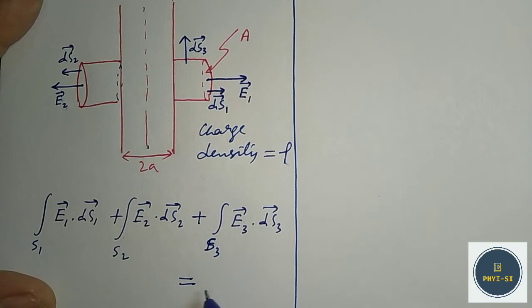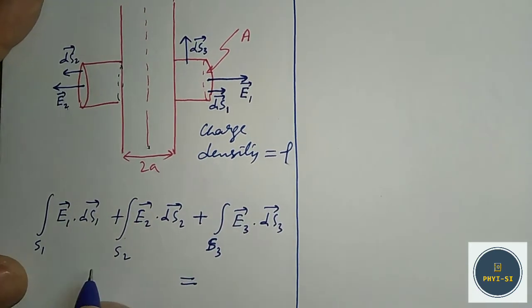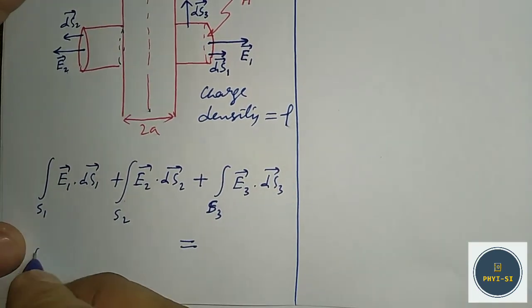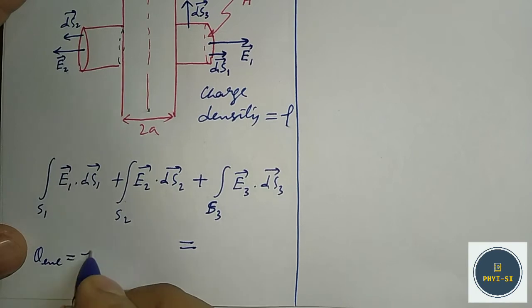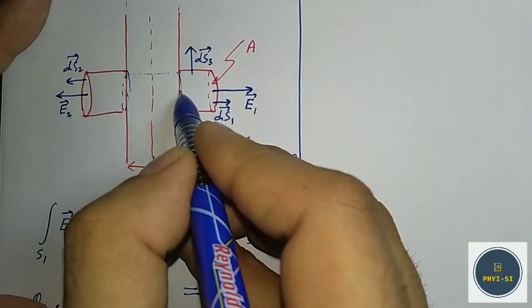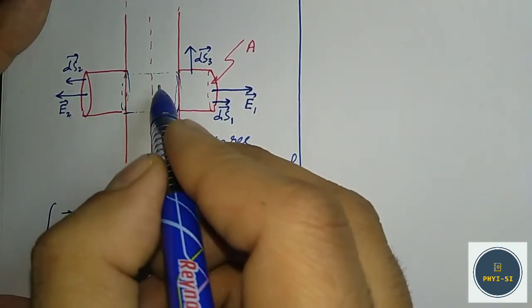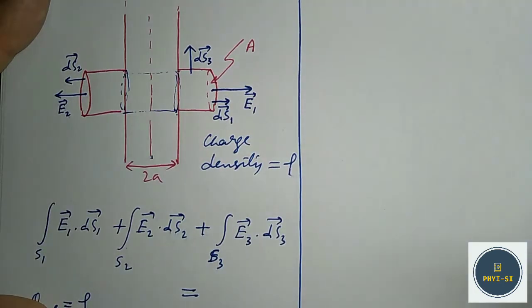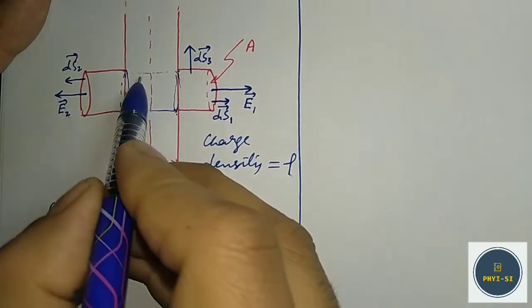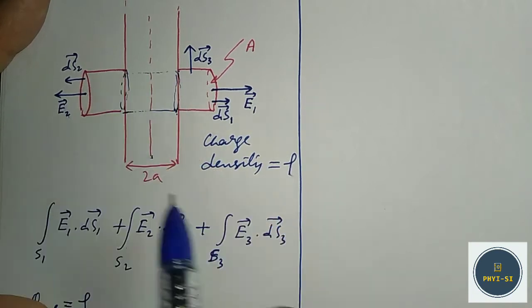Since this is charge density, the enclosed charge Q must be equal to rho into the volume, because the portion of the Gaussian surface inside the slab is also of cylindrical shape.